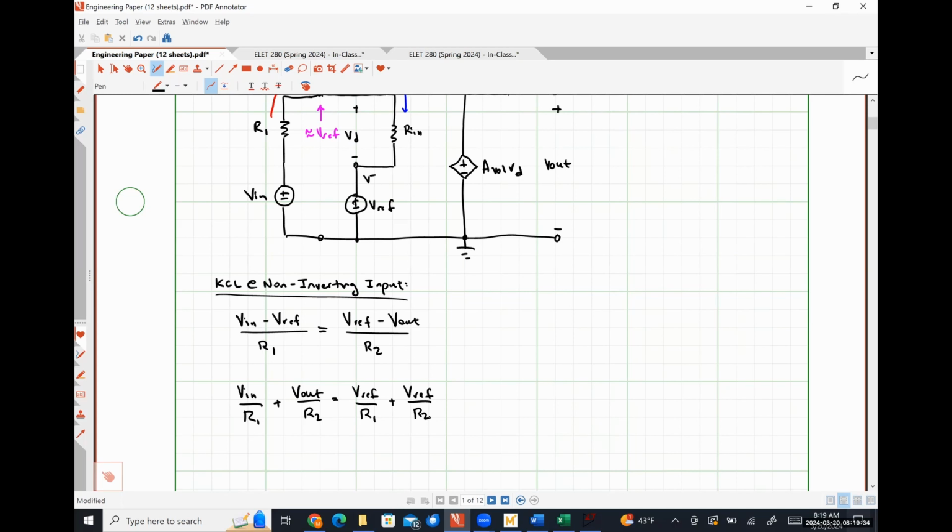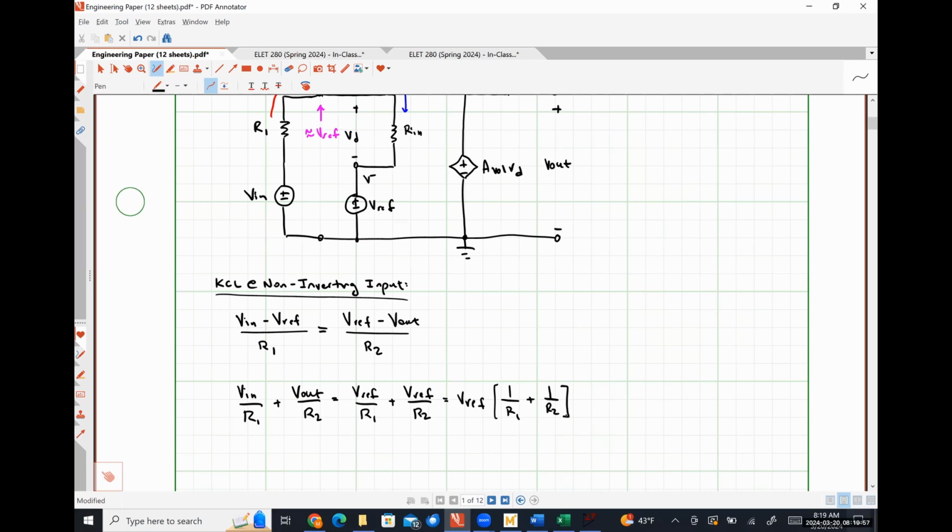Okay. Actually, let's expand this out very slightly here. So that's going to look like Vref times 1 over R1 plus 1 over R2.